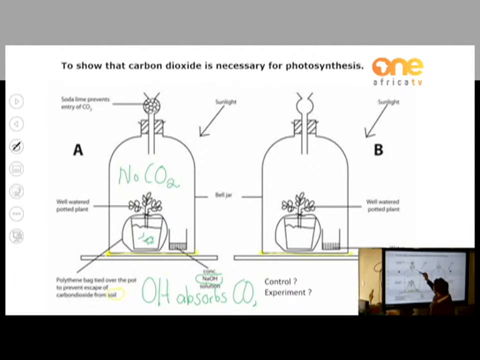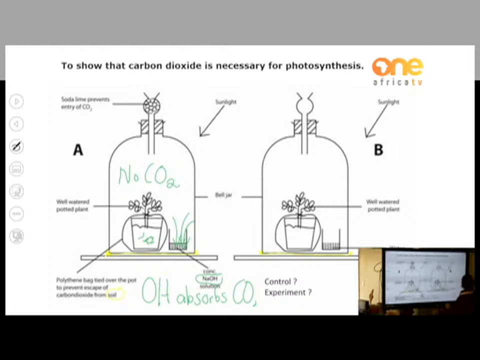So even if there was any carbon dioxide in this air, it would have been absorbed. Good. Soda lime absorbs it there as it moves. If there is any left in the air, it is absorbed there, preventing the microorganisms from releasing any carbon dioxide.